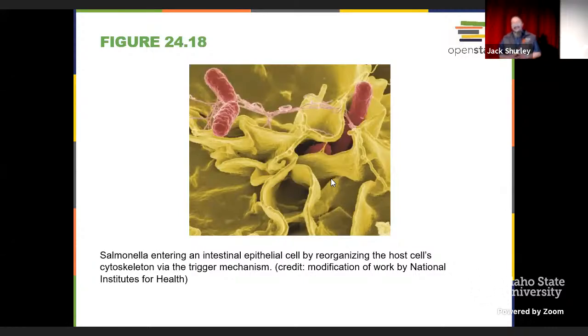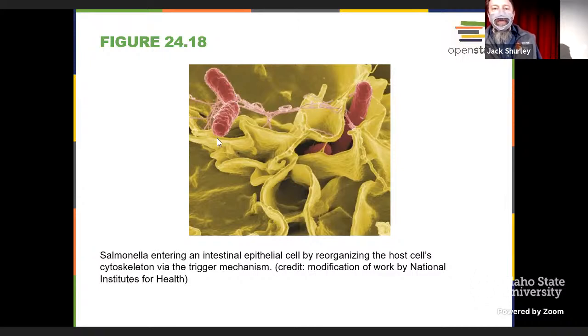I always like these types of images, these electron micrographs. I just think, oh man, these bacteria, they look awesome. Salmonella, if you were infected with these guys, you would think it looked so awesome. So these guys are entering intestinal epithelial cells and ultimately, within the cytoskeleton, trying to take hold and establish infection.